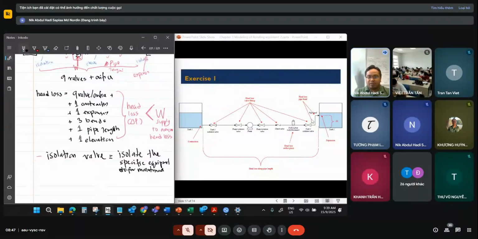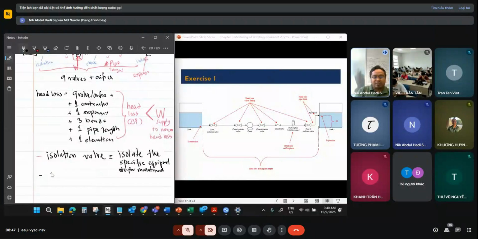For example, for this pump, if this pump needs servicing, we need to use these isolation valves so that we can close these two valves, and then we can take the pump out for servicing. Same goes for this tank when it needs maintenance. Let's say there is a leak somewhere, so we need to isolate this tank from the process by closing this isolation valve so that there would be no flow.